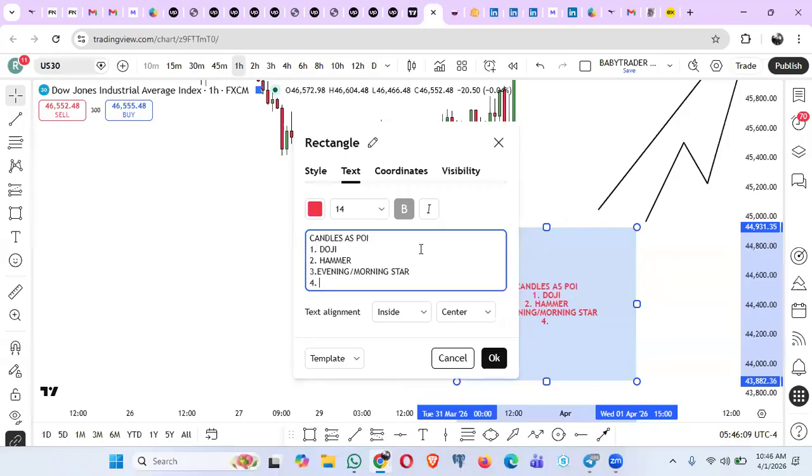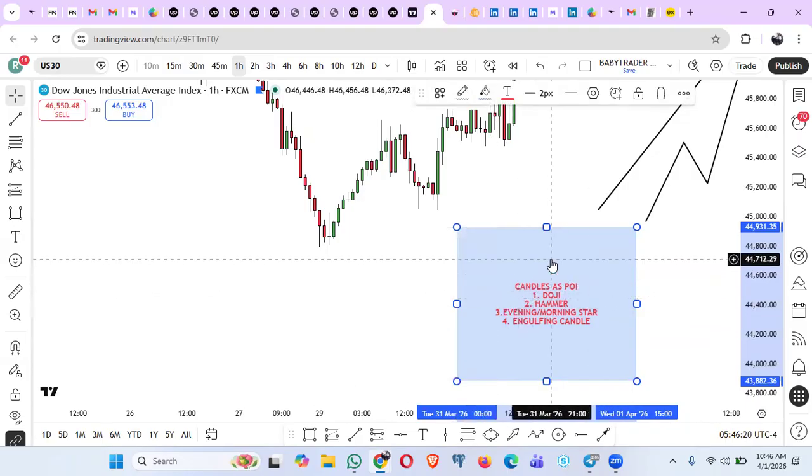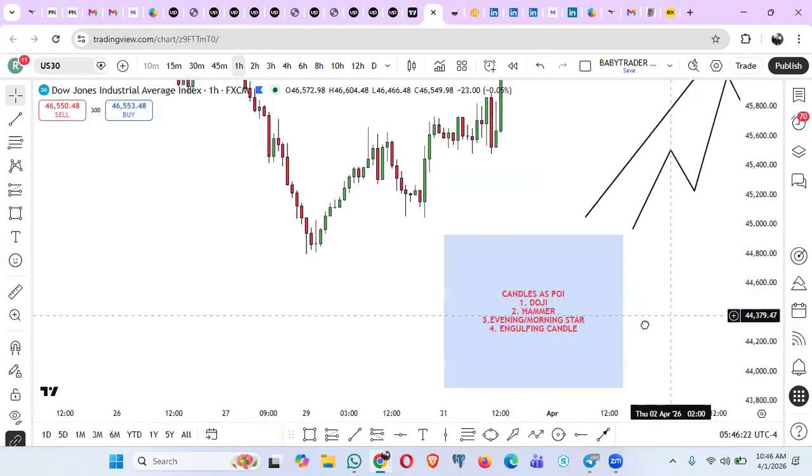Then the fourth one is your engulfing candle. So these are your points of entry.